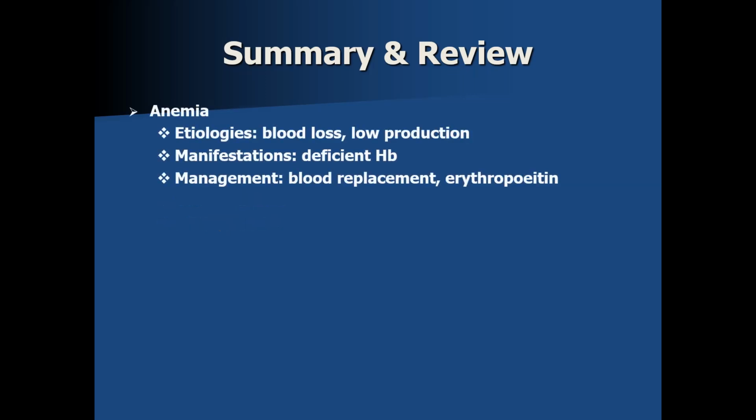Anemia, on the other hand, is inadequate hemoglobin. Its etiologies can be blood loss or low production. The primary manifestation of anemia is deficient hemoglobin and red blood cells. The management strategies include blood replacement as well as erythropoietin, which is administered to stimulate RBC production.